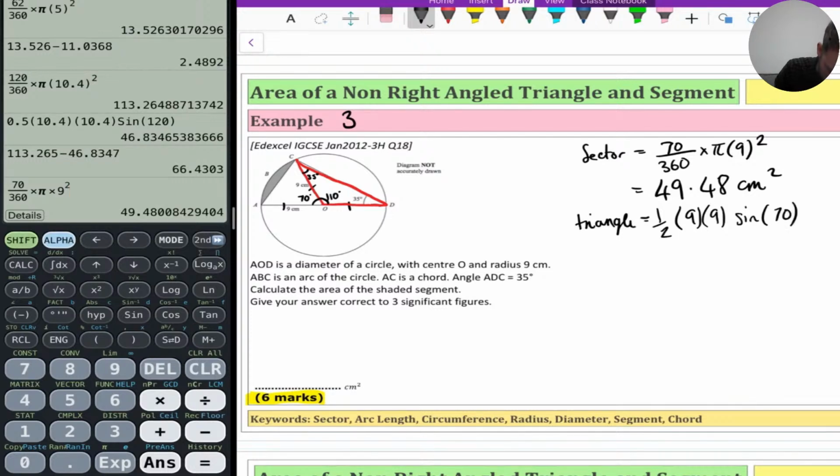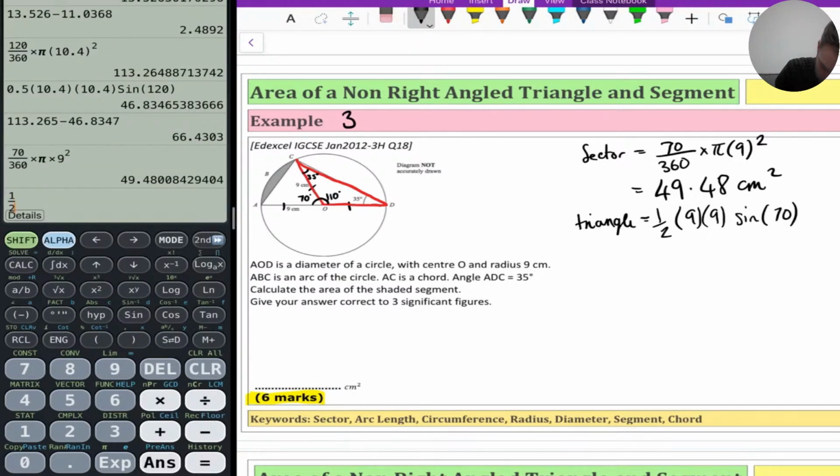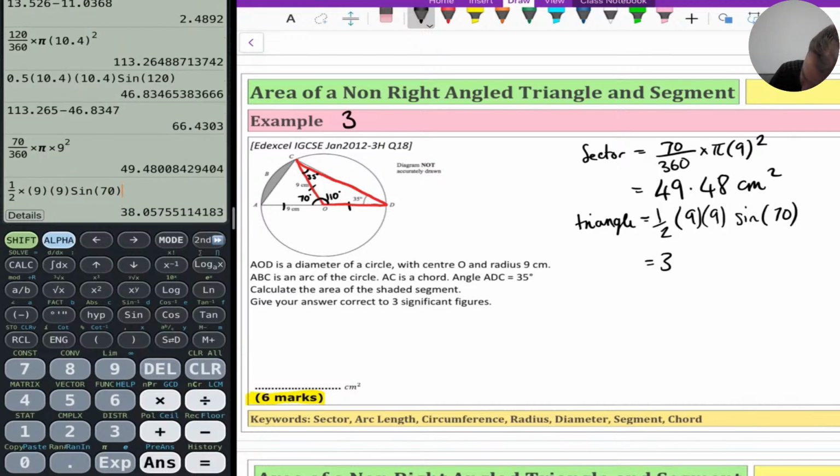So 1/2 times 9 times 9 sine of 70 is equal to 38.058.